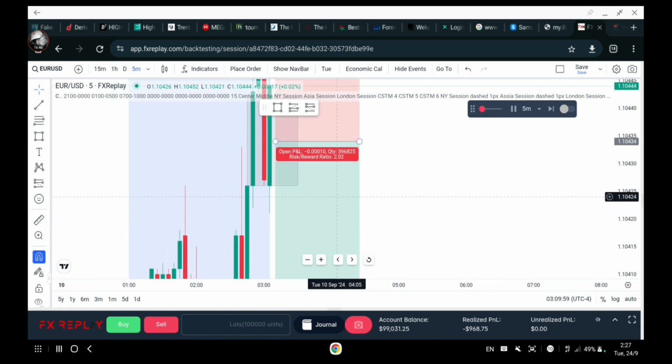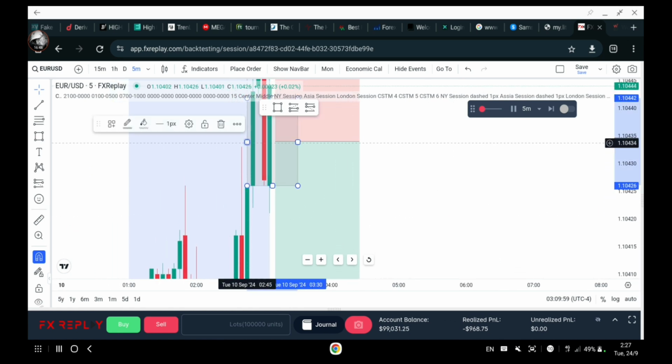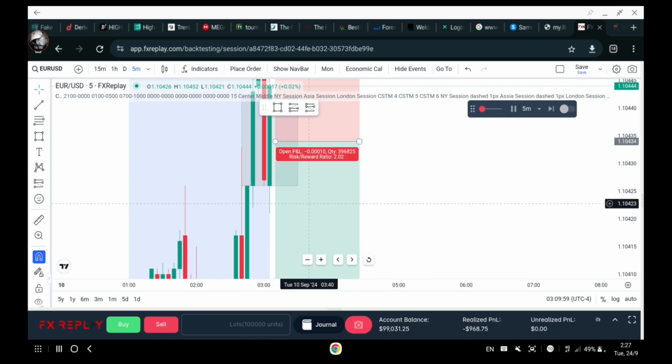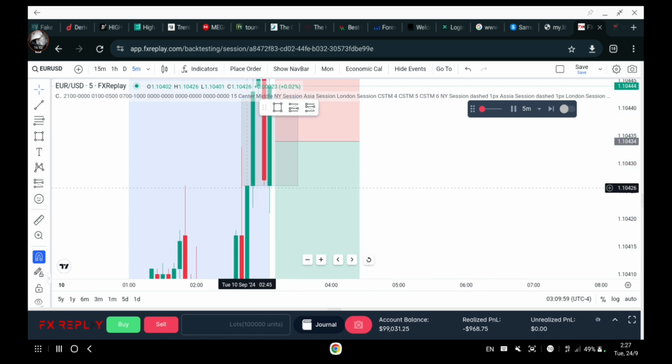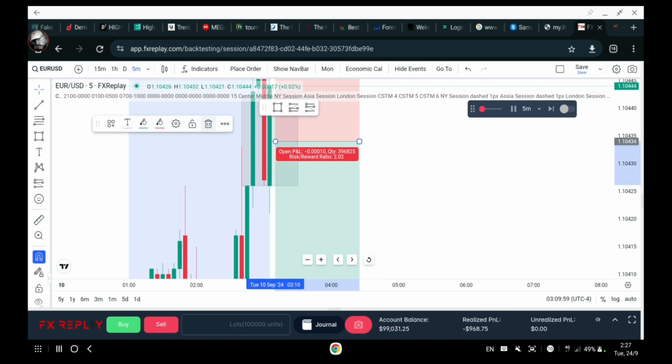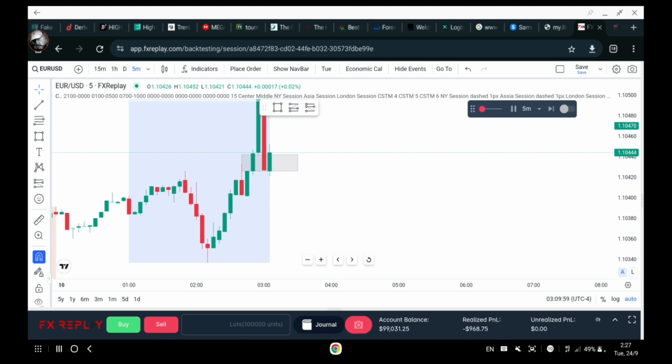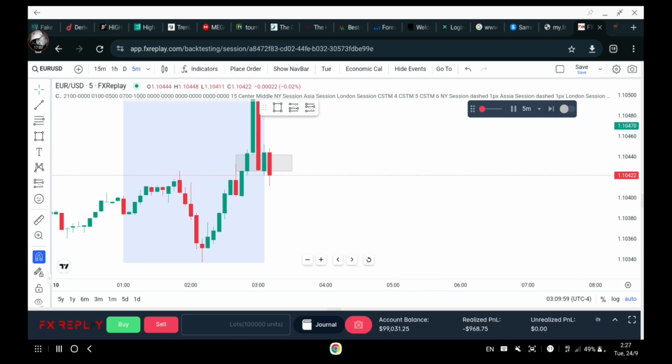Let's check again. If it's not inverted, I will not execute. The high is 10426. This candle's open is 0426, so it's not yet valid. There's no clear inversion. Let's just leave it like that, and then it gets inverted.